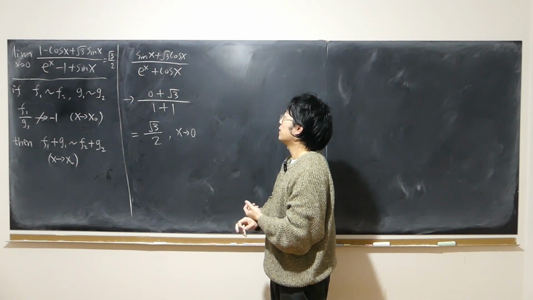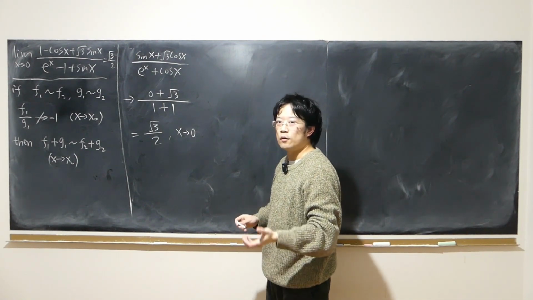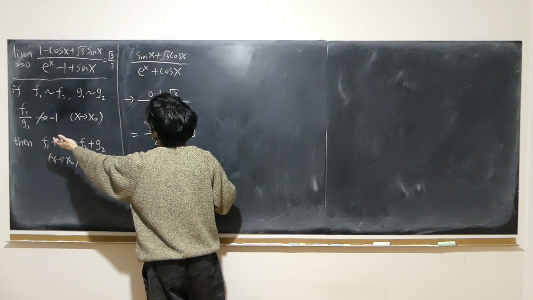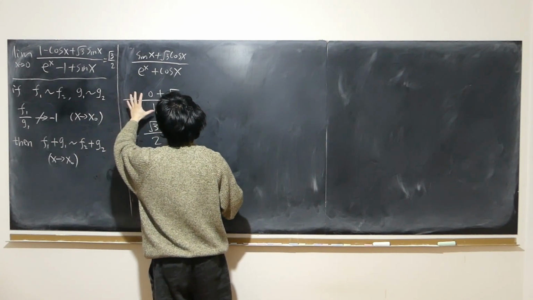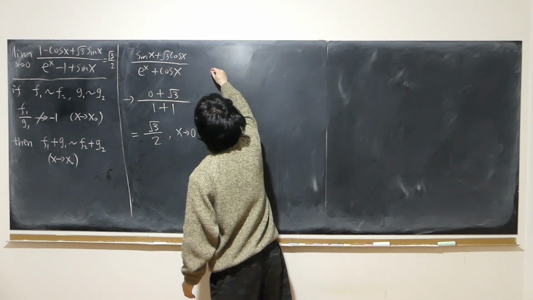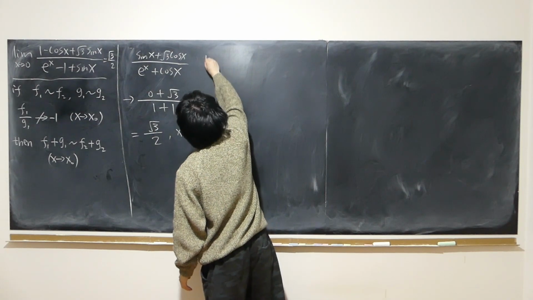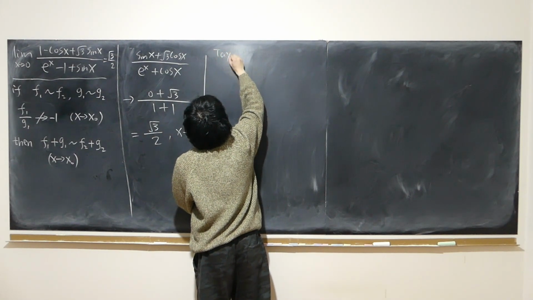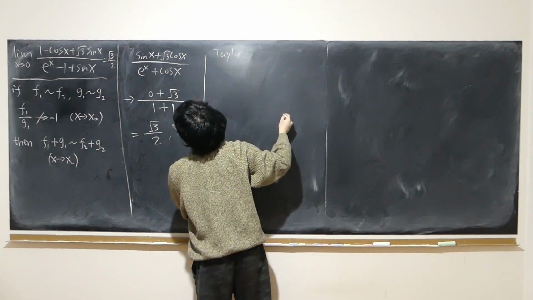So basically, any problem that can be solved by using this theorem is always solvable by using some other methods like L'Hopital's rule or maybe Taylor expansion. For example, Taylor expansion is also doable, I think.